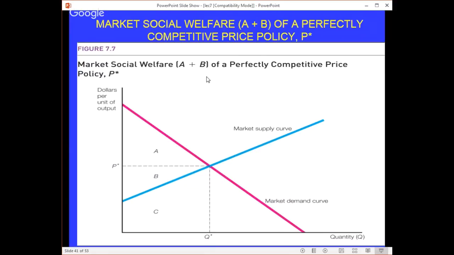In other words, this is what I was willing to pay or what I was willing to produce at different prices, but I got a better price. So A plus B is known as the welfare to the consumers and producers of the market. Okay. Questions?